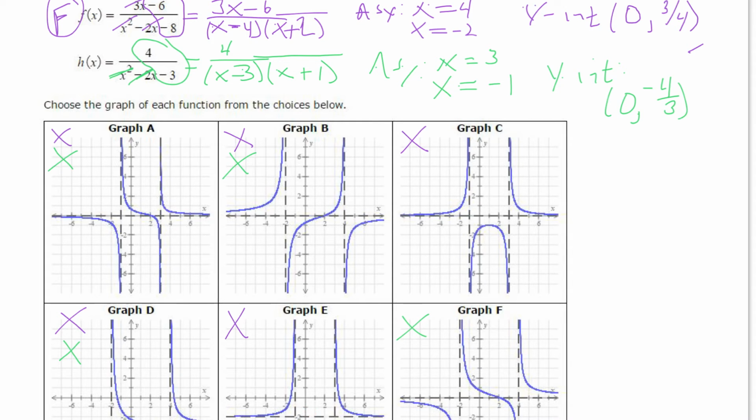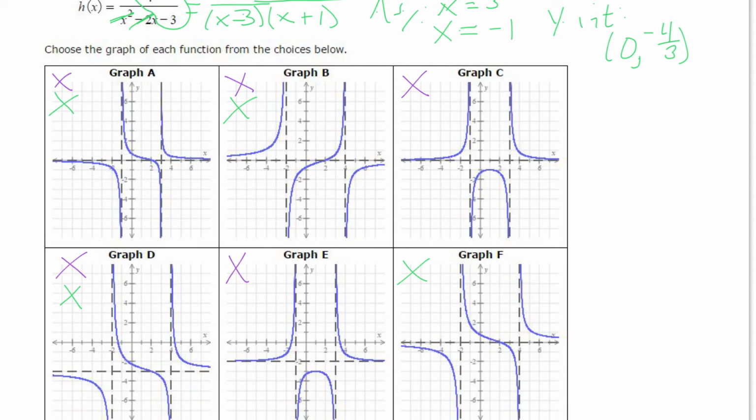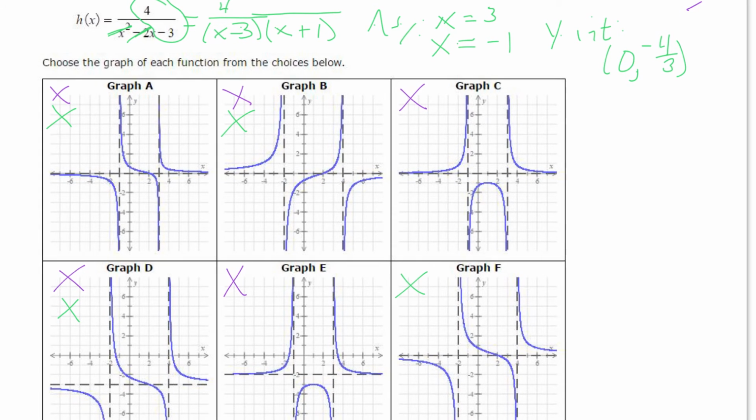Oh, no, graph E is way below negative 2. Graph E is below negative 2, which is going to be a lot smaller than negative 4/3. So graph E is out, which means graph C is our correct solution.